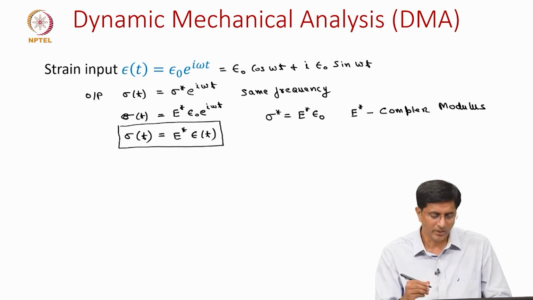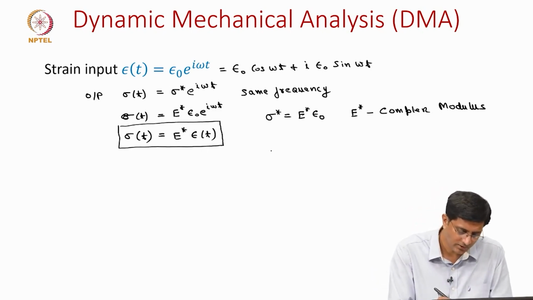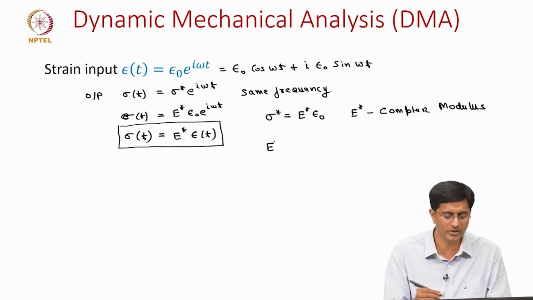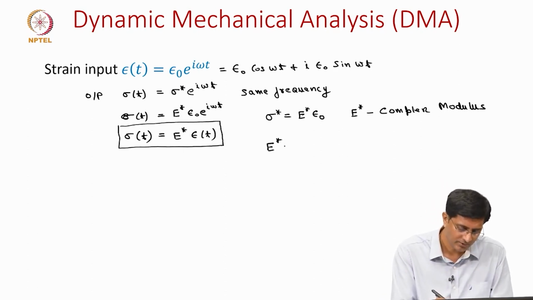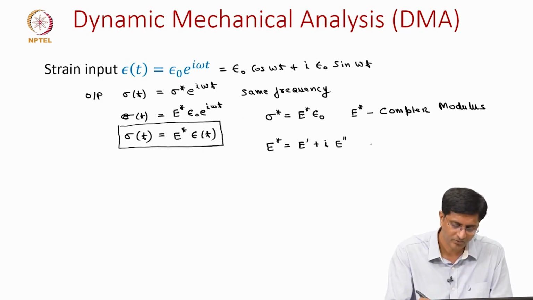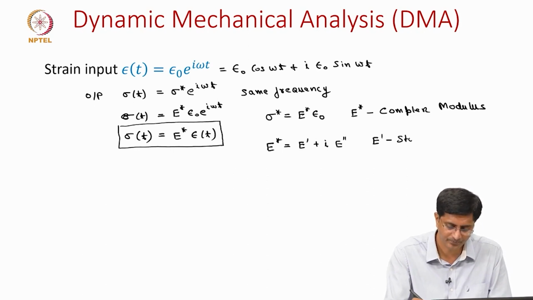But again, this complex modulus can be written as real and imaginary terms. So we will write it as E dash plus i E double dash, where E dash is the storage modulus and E double dash is the loss modulus.